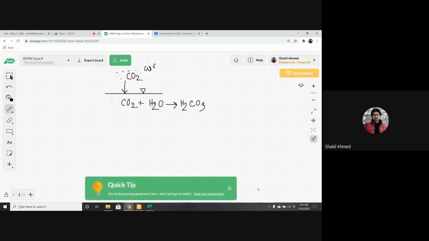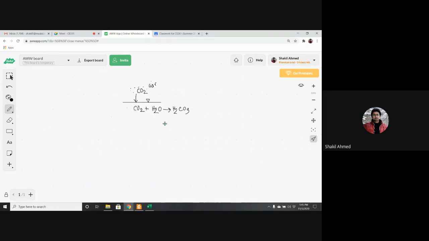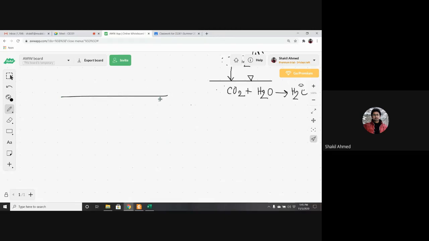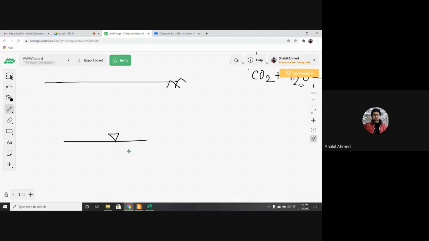That's one source. There might be a multitude of other sources. For example, if you have this surface soil, and if you have groundwater here, so these things are inside the soil, right? What happens is that when different animals and trees die out, they get deposited into the soil.